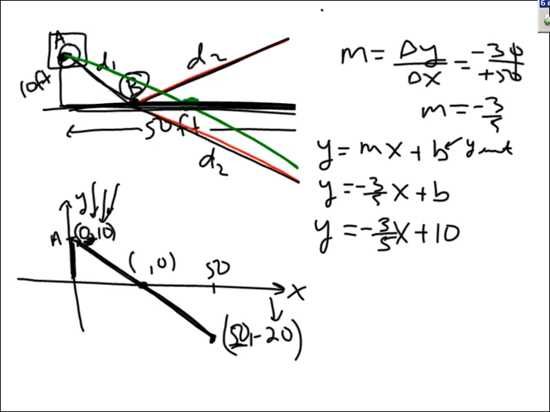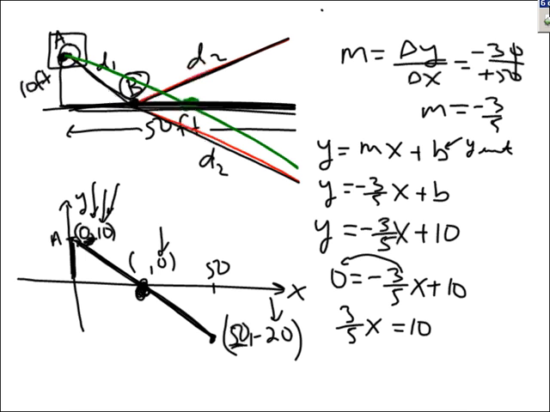Okay, now I want to know the y value right there where it hits the ground. I know the y value is 0. The question is, what is the x value? Well, bring this to the other side. 3 over 5 x equals 10.